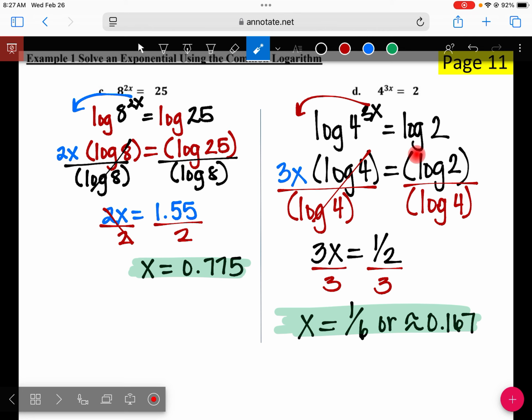Now when you type this in your calculator, you should get 1/2 or 0.5. Thumbs up if you got 1/2 or 0.5. Okay. And then I had to divide that by 3 because x is being multiplied by 3. So your final answer can be written as a fraction or as a decimal. Questions, comments?